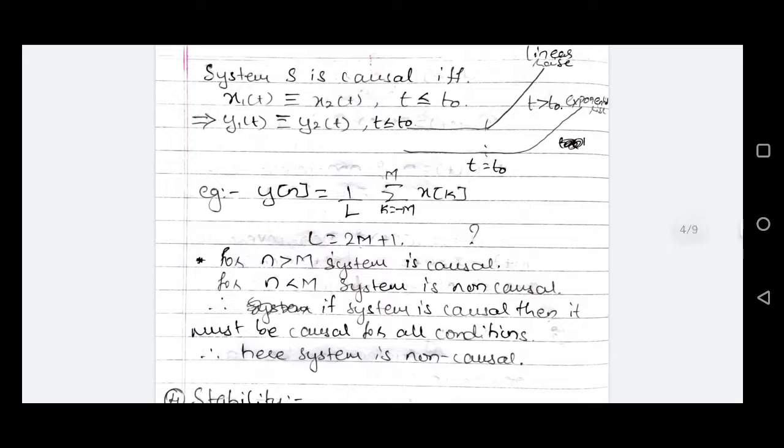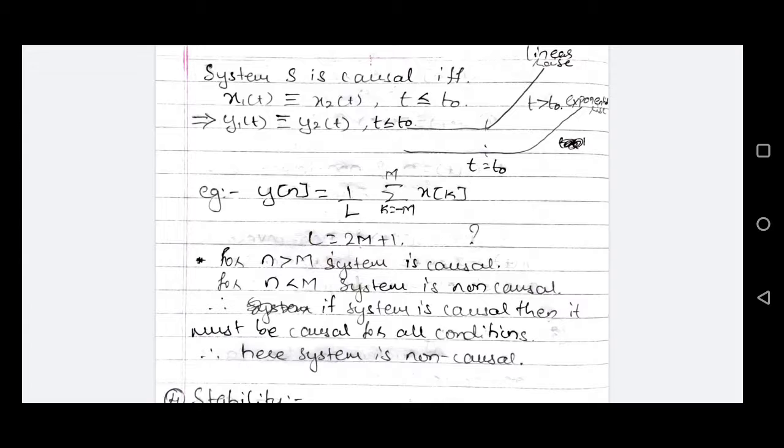And system S is said to be causal if and only if, suppose we have two inputs, x1 of t and x2 of t applied to two different systems or applied to the same system, and both the input signals are same for time instant less than t naught. And if the output due to these inputs x1 and x2 are also same for time instant less than or equal to t naught, and after t naught one of the system output is linearly rising and another system's output is exponentially rising.